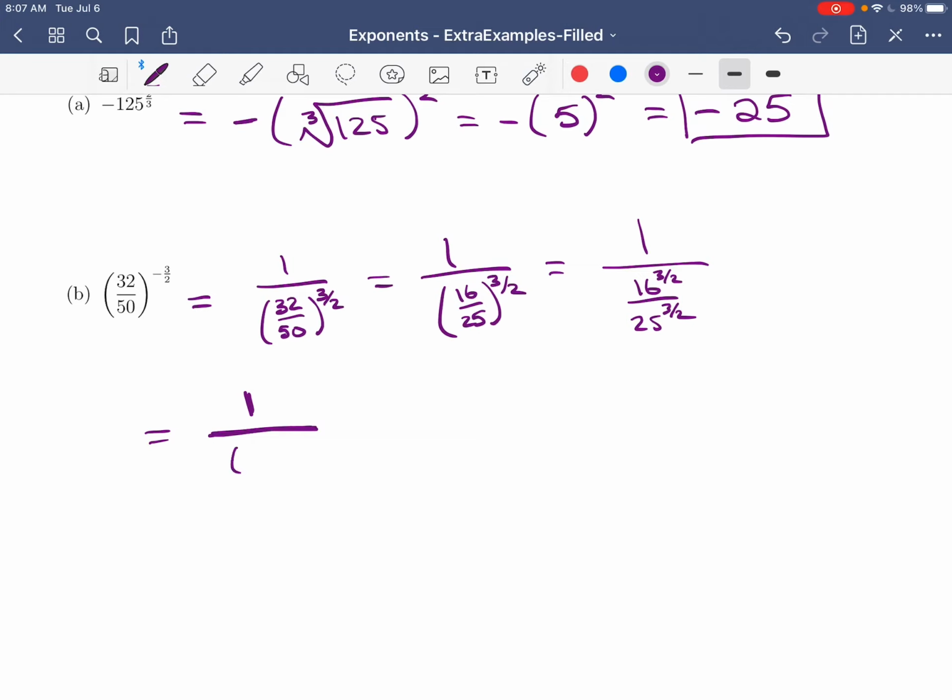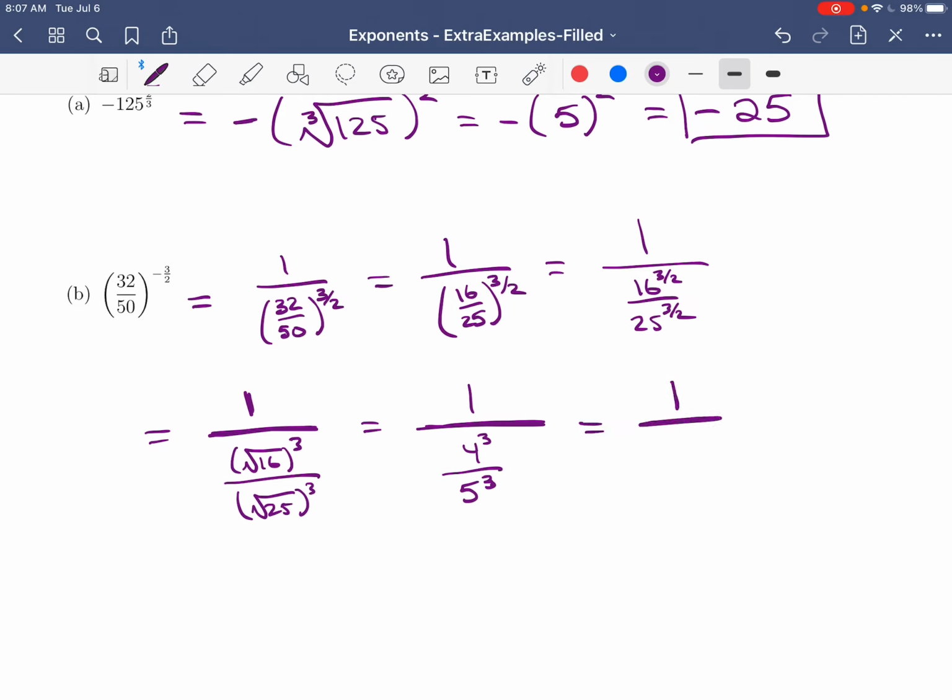So that is 16 to the 3 over 2 is the square root of 16 cubed. And then 25 to the 3 over 2 is going to be the square root of 25 cubed. Okay, so square root of 16 is 4, and the square root of 25 is 5. So I have 1 over 4 cubed divided by 5 cubed.